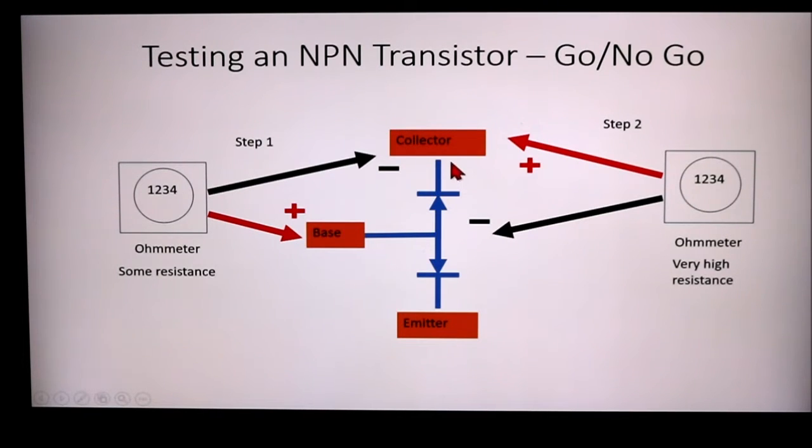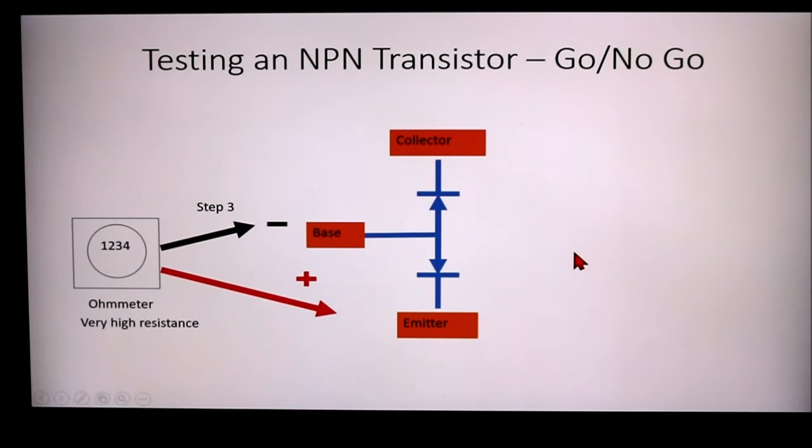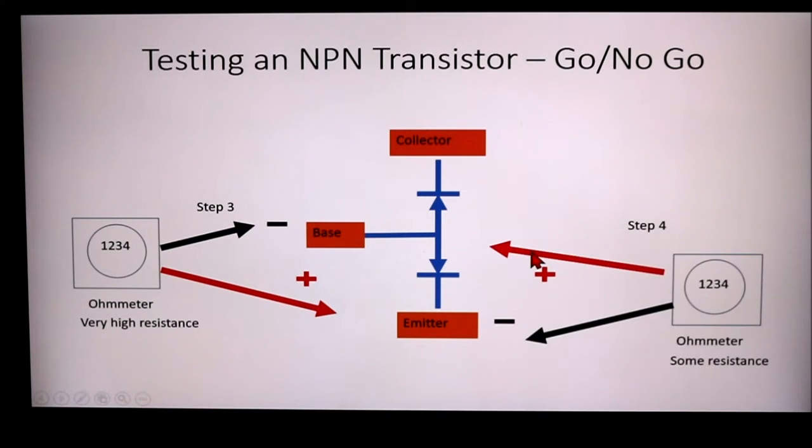That way we're checking the base collector diode, both forward biased and reverse biased, or back biased. Third step, we do the same for the other diode. Put plus on the emitter, negative on the base, and we should see a very high resistance because it's back biased. Then step 4, we take a plus lead, the red lead, put it on the base, the negative lead on the emitter, and we should see some resistance.